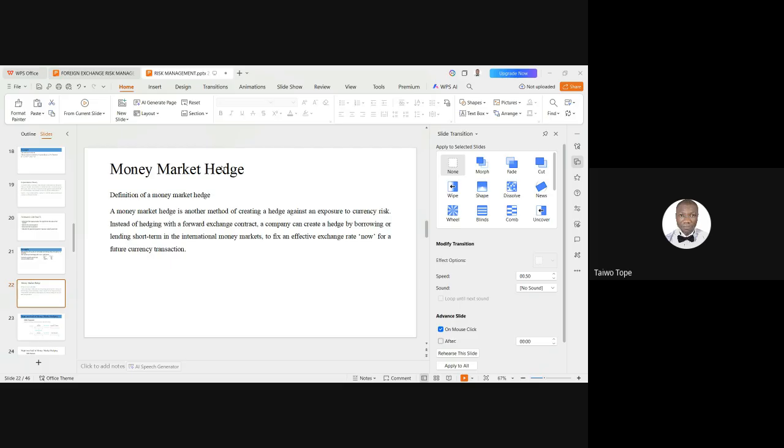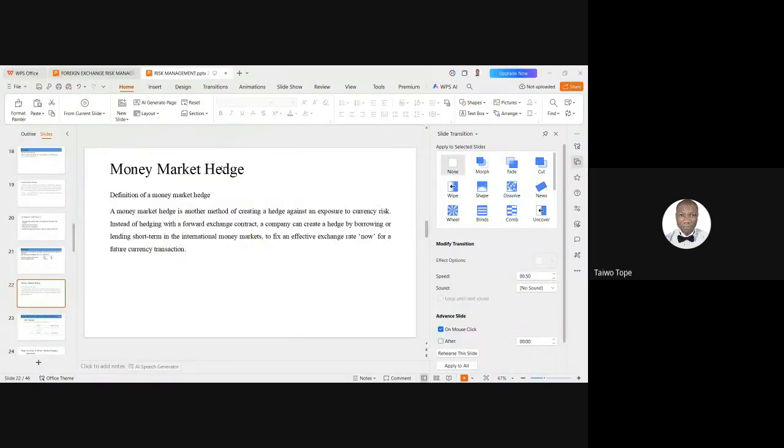So when you have to make payments, you make a deposit in foreign currency. Now all these are just steps. When you make a deposit in foreign currency, the amount you want to deposit, you convert back into your home currency.